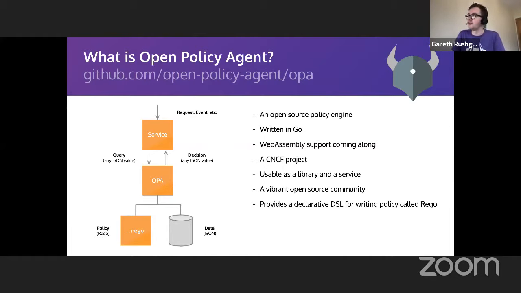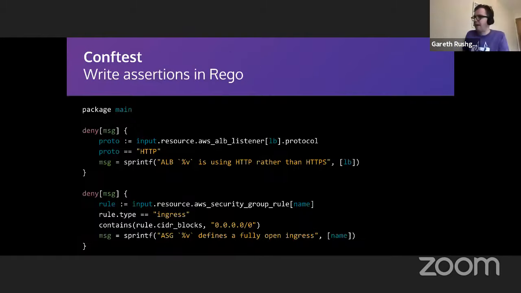There's all sorts of work going on around it. And it basically allows you to write policy in its own DSL called Rego. It's actually a Datalog variant for those that are familiar, and looks a bit like this. So, well, it looks exactly like this. These are some assertions actually for Terraform code.